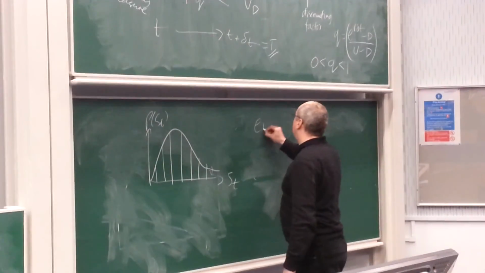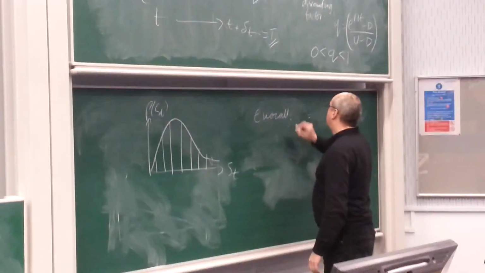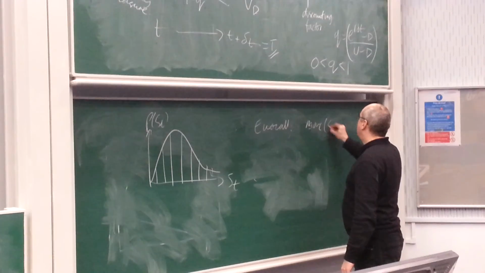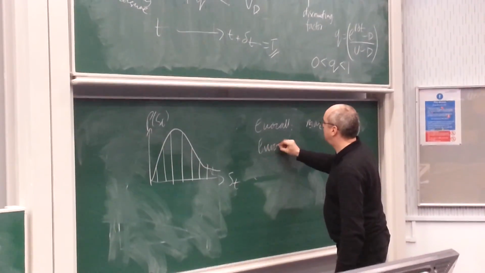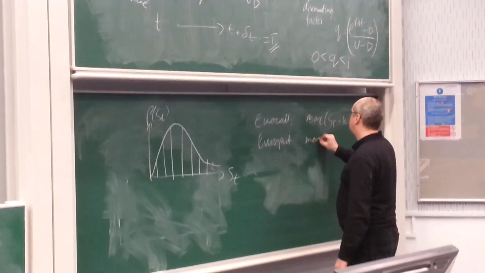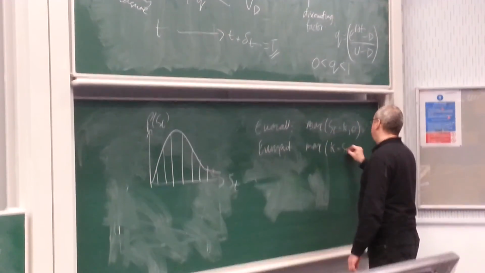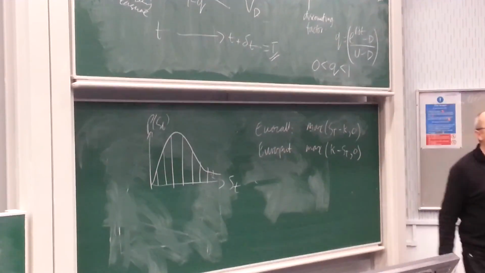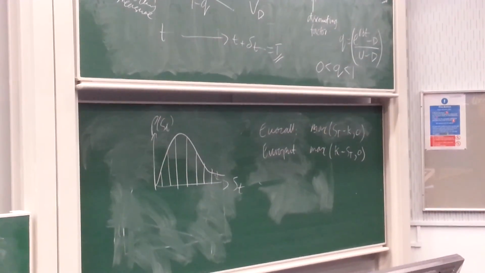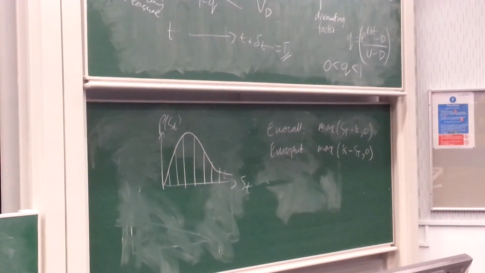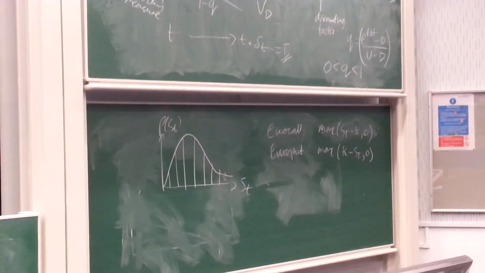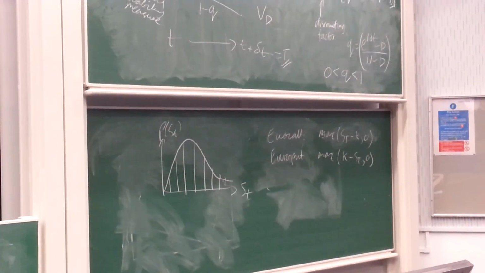If it's a euro call, it's going to be max of S_T minus K and 0. If it's a euro put, it's going to be max of K minus S_T and 0. That's the only thing for sure that you know about the European option. You know the value at expiry, at least in terms of what S_T is at expiry.